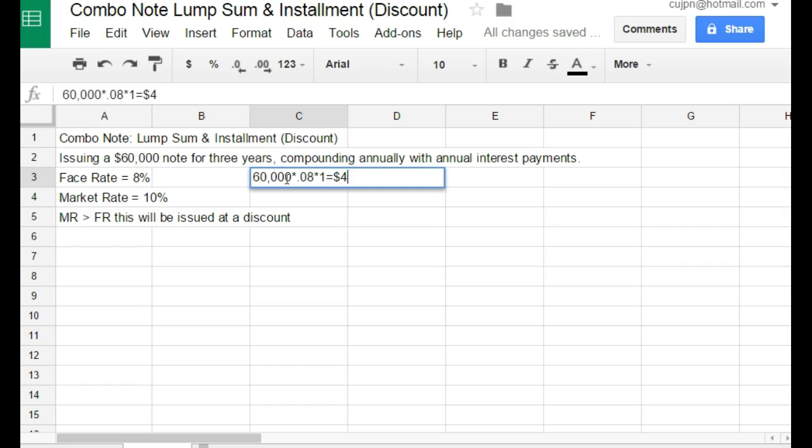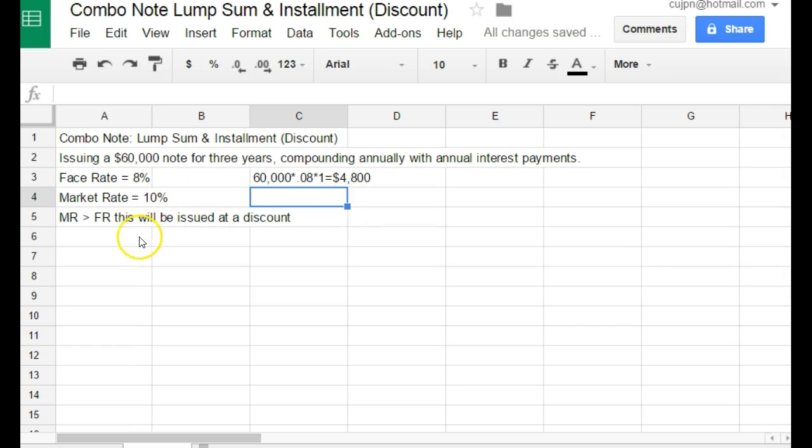So our payment is going to be $4,800 3 times. Where it takes on a lump sum is that I'm receiving a dollar amount today, and in the future I'm going to pay back the $60,000. The $4,800 represents the interest that we're paying based off the face rate of the note.